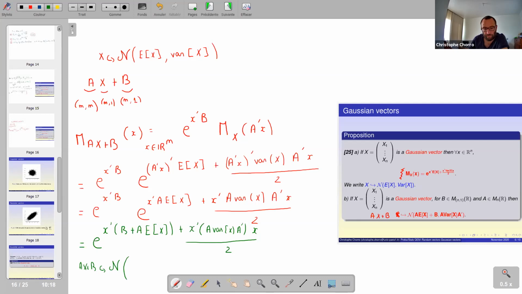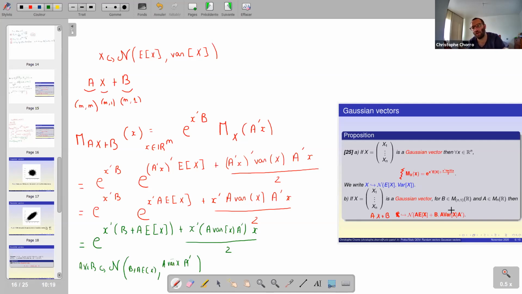So what is the mean? The mean is the term in front of x prime in this expression, that is exactly b plus A expectation of X. And I have here the variance covariance matrix, that is what I have between x prime and x, that is A variance of X A prime, and I have proved exactly this result.